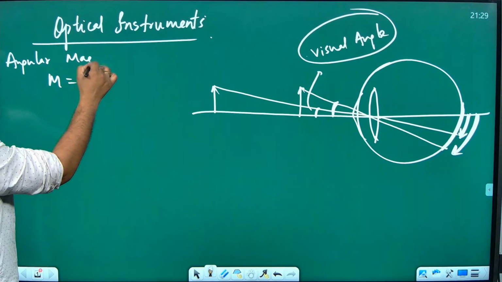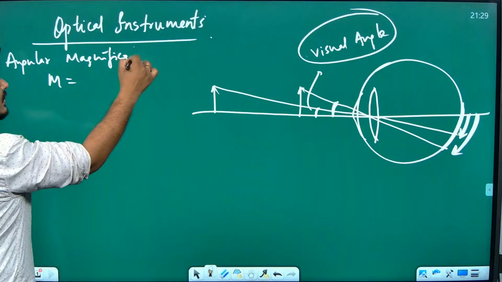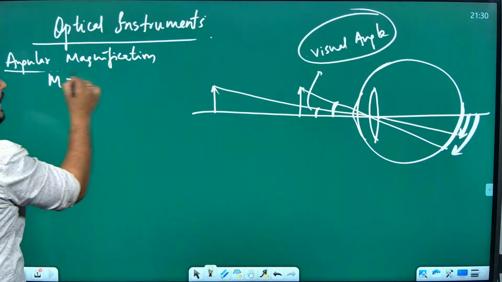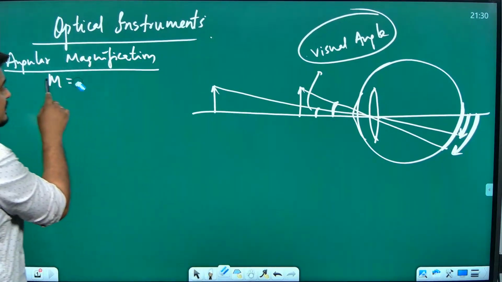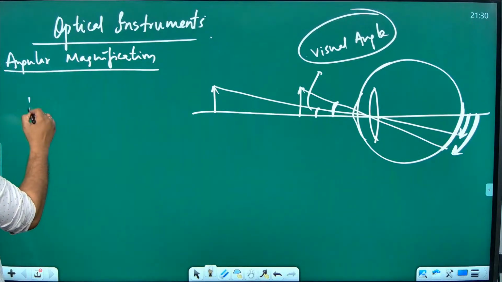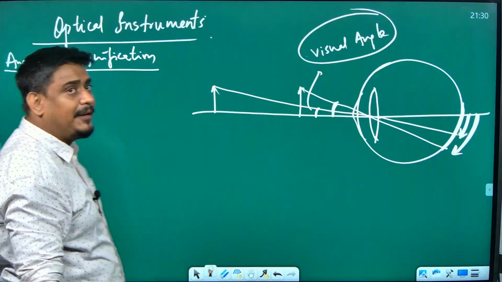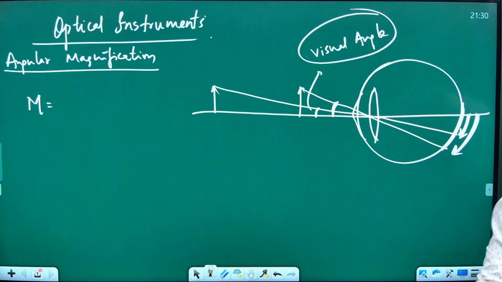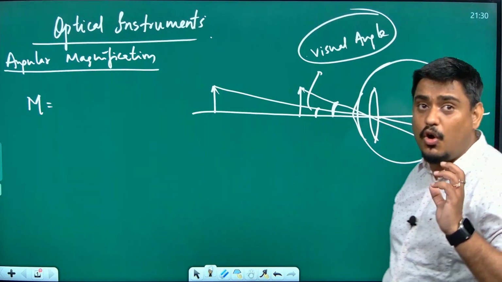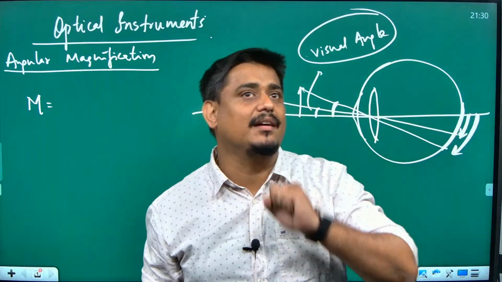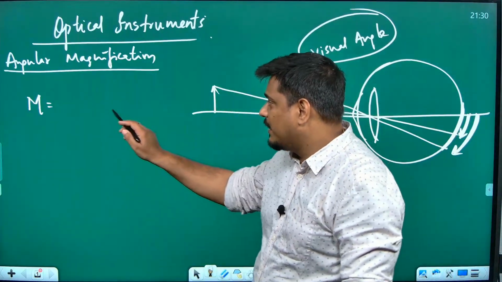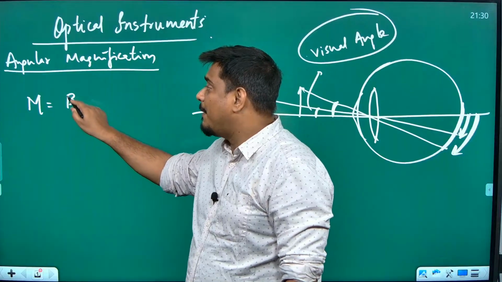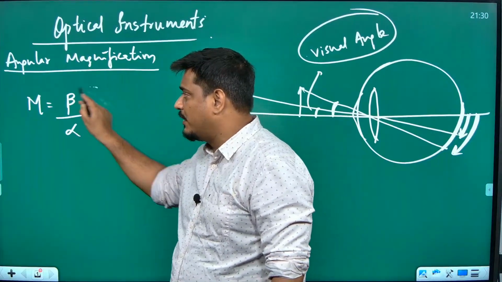Angular magnification, which we will represent by capital M. And what does it mean? Capital M is not talked about in terms of height, rather it is talked about in terms of visual angle. So, what is magnification? It is beta by alpha. Now, I will tell you what is beta and what is alpha.